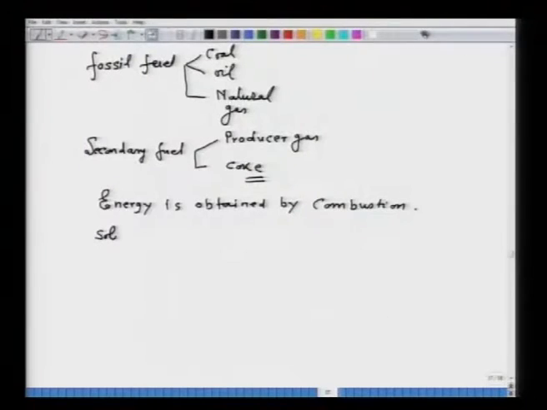For example, in solid fuel, the combustible components are carbon, hydrogen and sulfur. They are the combustible components.